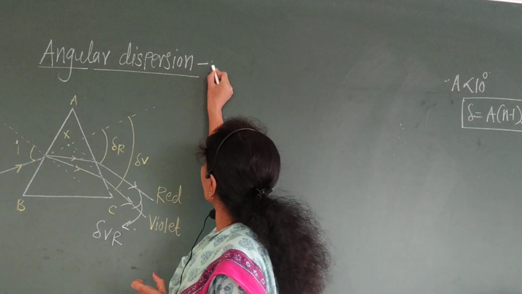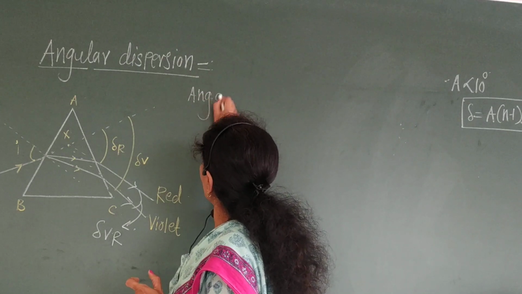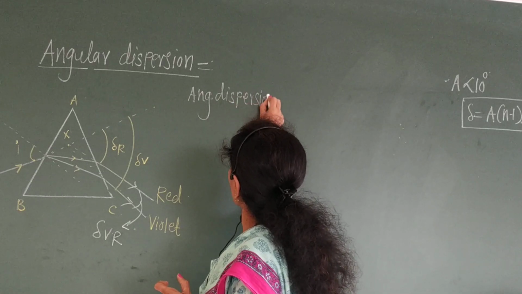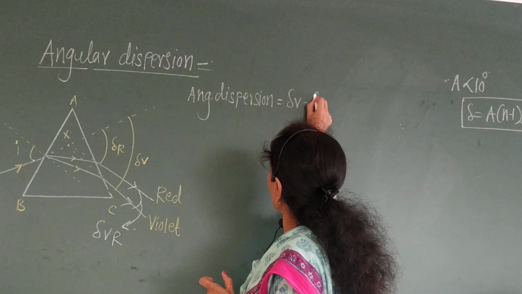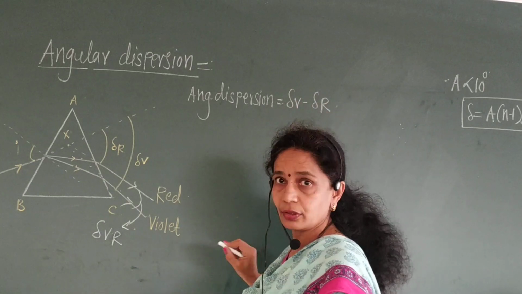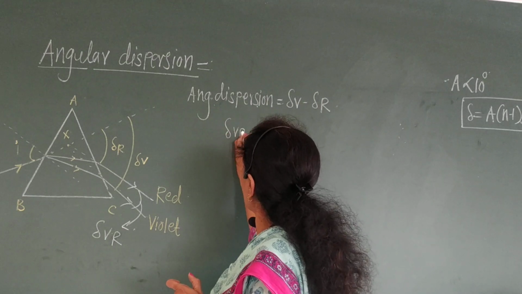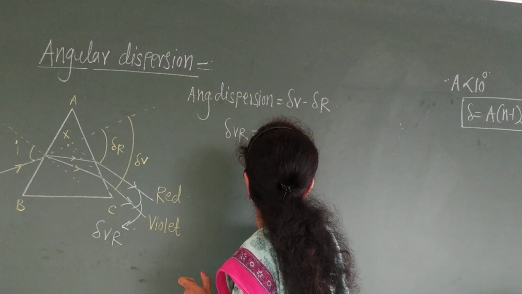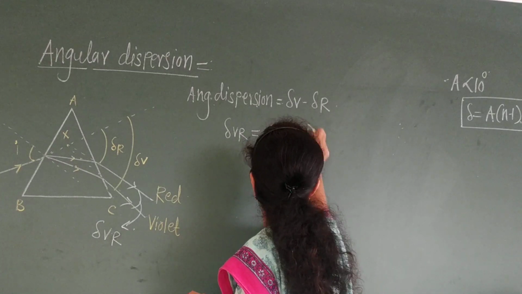Therefore we can say that angular dispersion is equal to delta V minus delta R. Angular dispersion is delta VR, which is equal to, what is the value of delta V? It is A into nV minus 1.